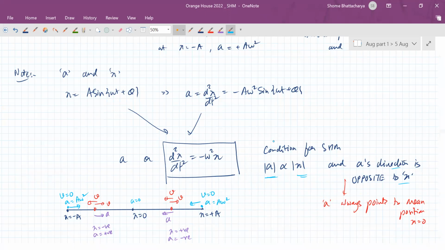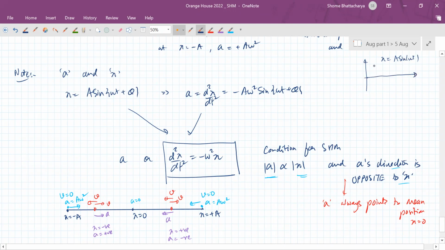Here the graph of acceleration will be same as the graph of displacement. No, it will be same in the sense that it will have the opposite phase. It will start from down first, right? Minus A. So for example, if your position is x equal to a sine omega t, then position versus time looks like your regular sine graph, but the corresponding acceleration will become minus of this.